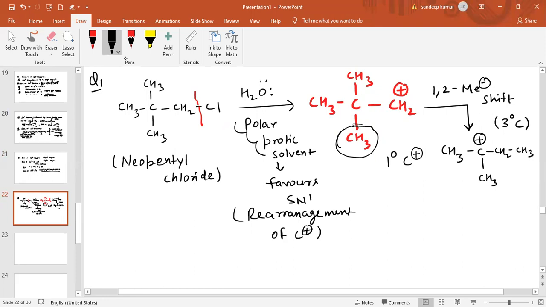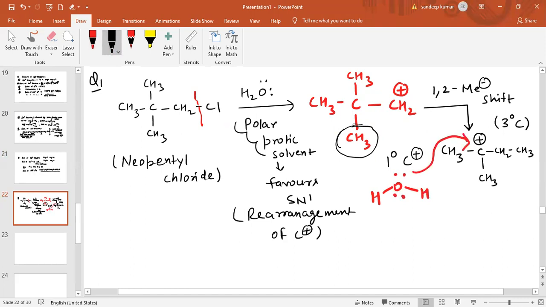Now the nucleophile will attack. The nucleophile is H2O, which has a lone pair of electrons. So this nucleophile will attack the more stable carbocation.